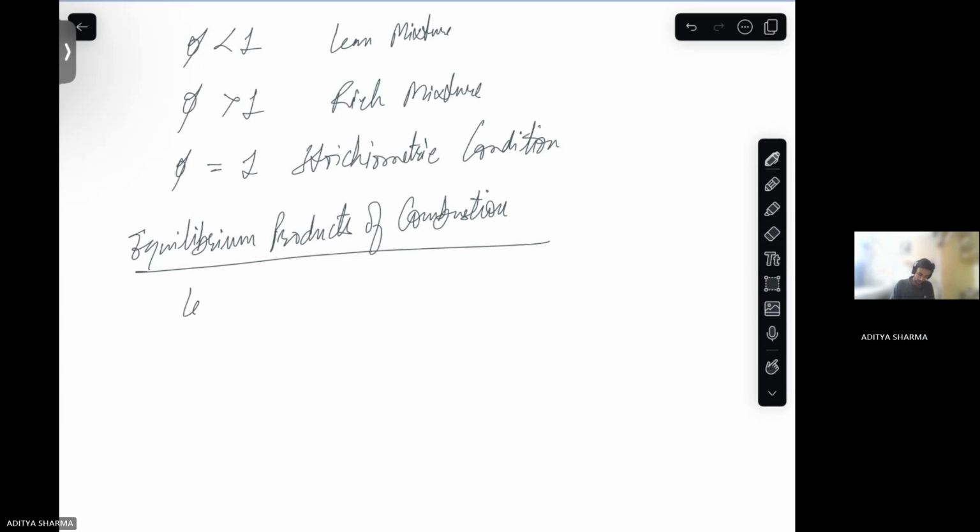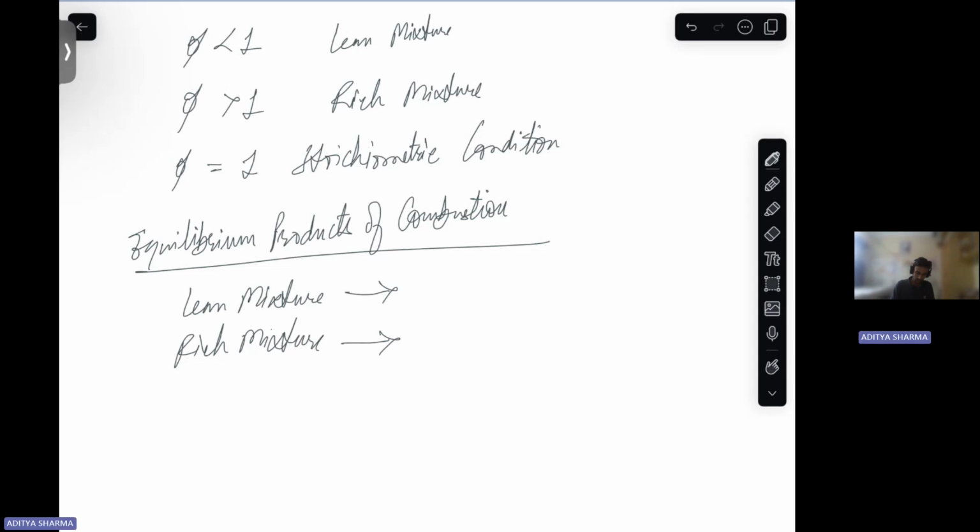So if we have a lean mixture and if we have a rich mixture, in that case, it says that these are your common products that you see. But in case it's a rich mixture, what will happen?